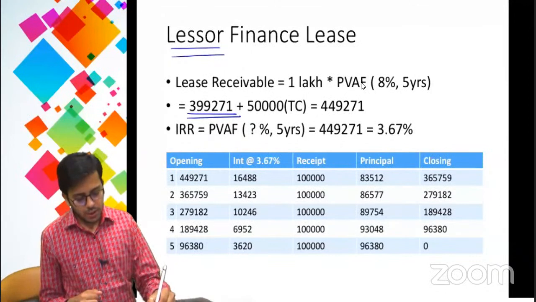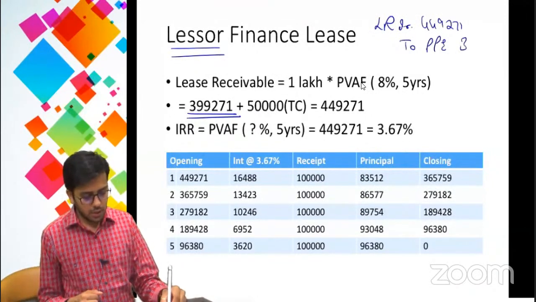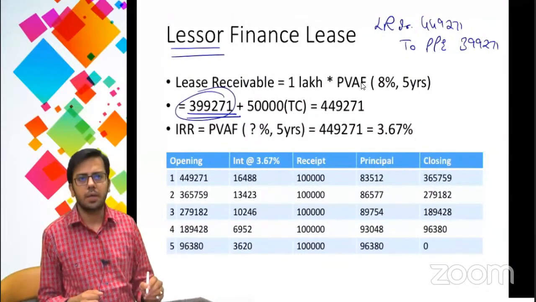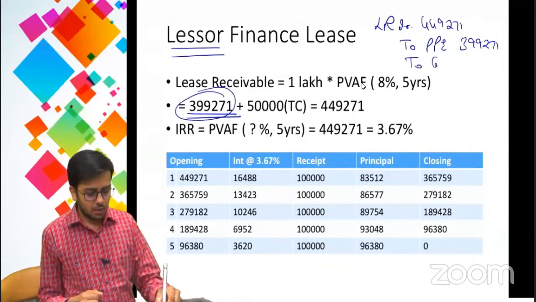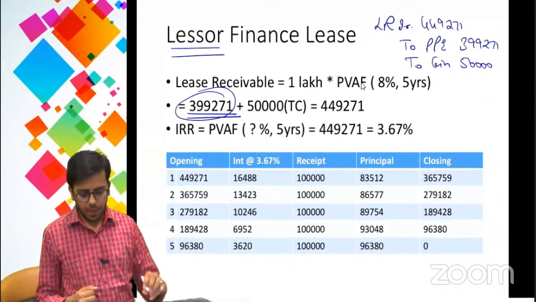So the journal entry passed by Lessor is lease receivable debit 4,49,271 to the asset being derecognized 3,99,271, being the present value determined by you, and the amount paid, 50,000 rupees cash. So this will be the journal entry made by him.